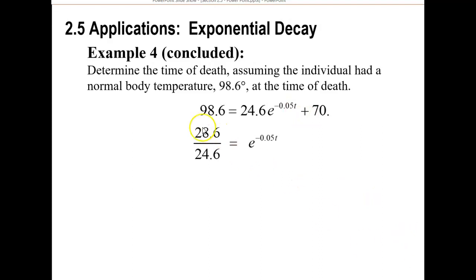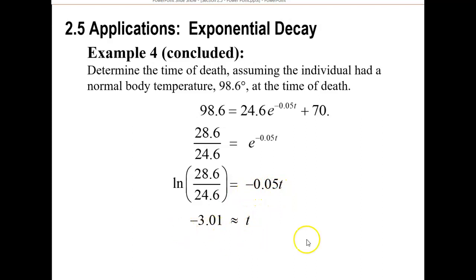All right, this is calculated by subtracting 70 and then dividing by 24.6. Now we take the natural log of both sides. They left the negative over here this time. Then calculate: doing the natural log of 28.6 divided by 24.6 and hitting equals, then dividing by negative 0.05 should give you about negative 3.01.